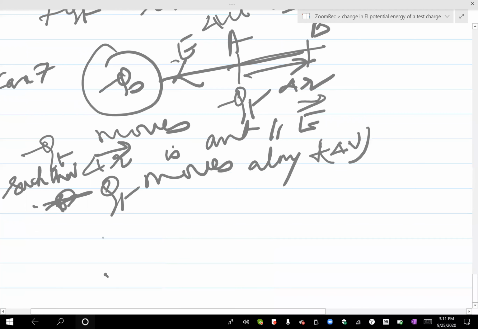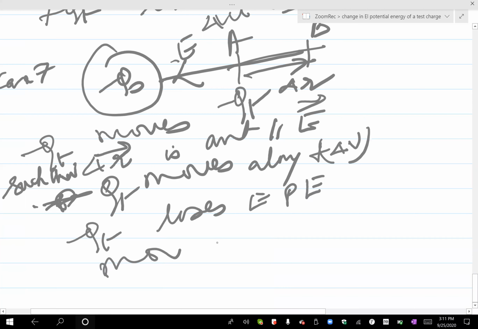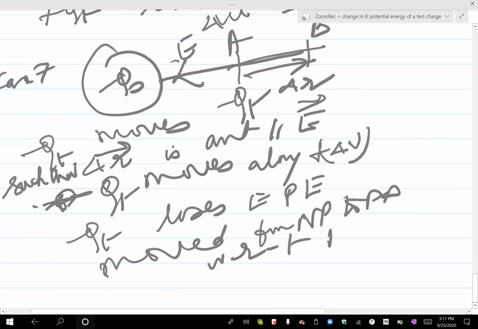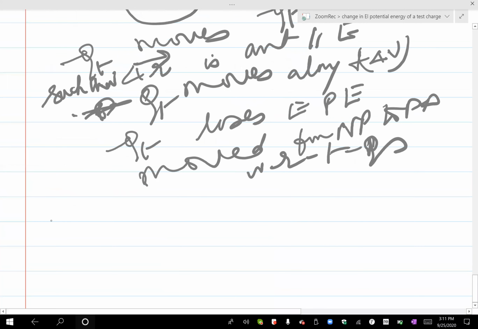So minus QT loses electrical potential energy when moved from a near point to a far point with respect to plus or minus QS. That's what you should know. I think we have finished case 7.